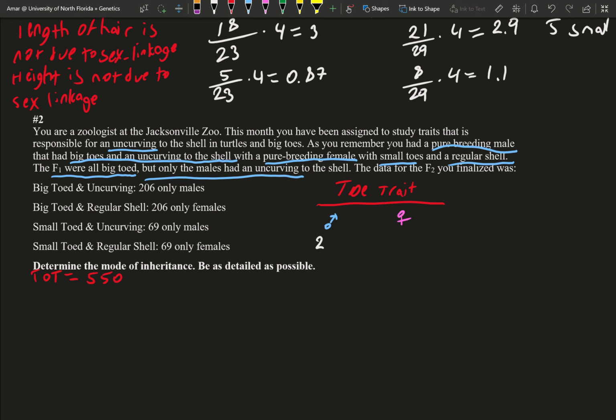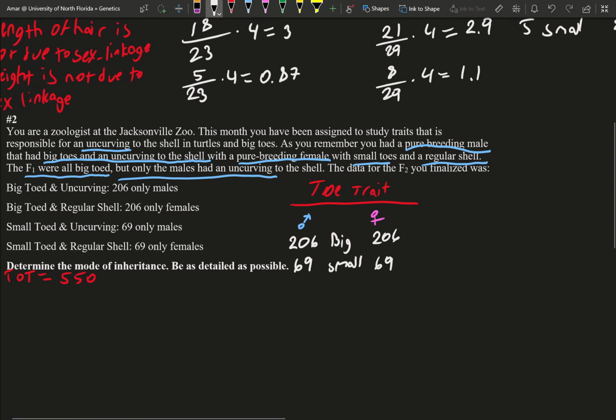206 males that have big toe, and then we have 69 males that are small-toed, and then same thing over here, 206, 69.